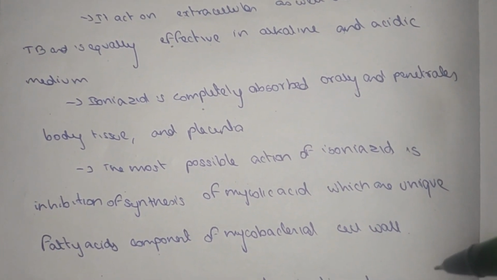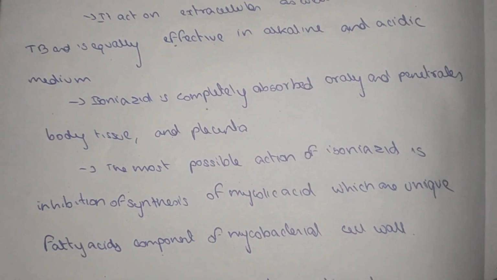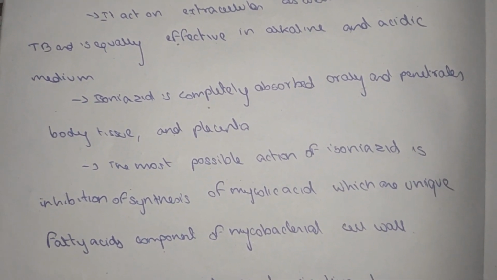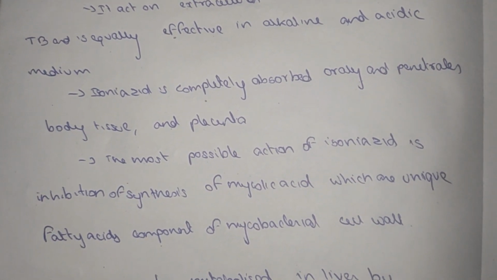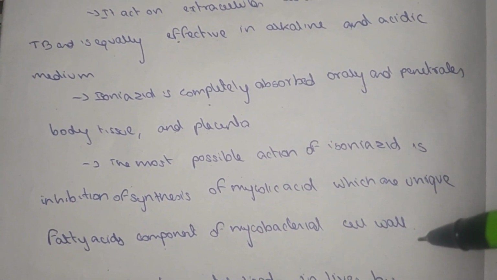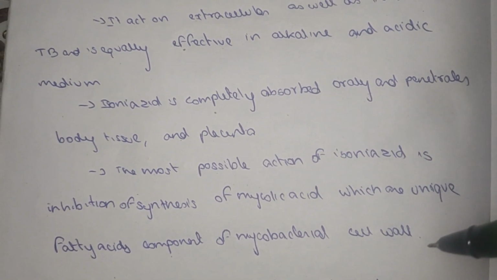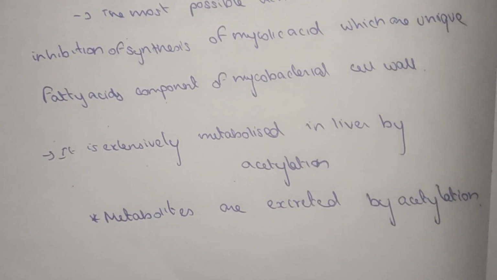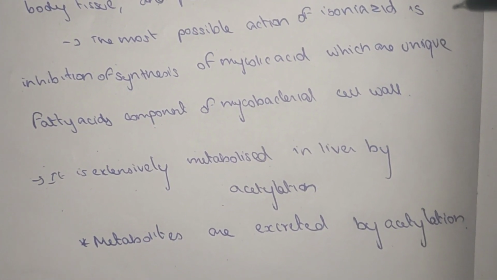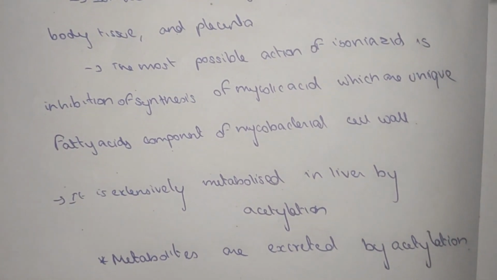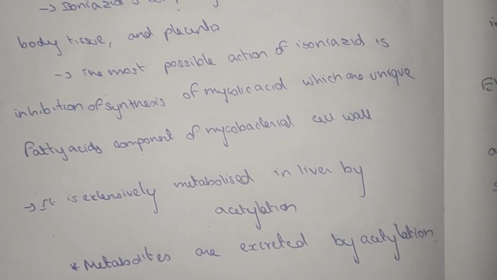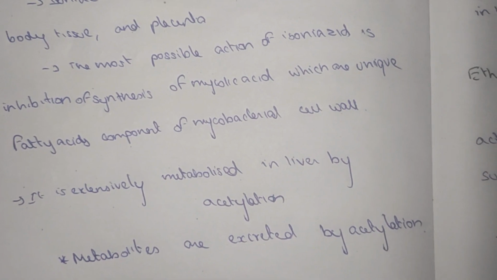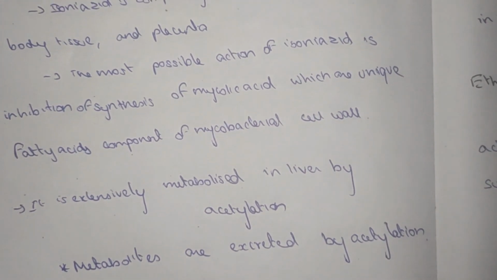Since its synthesis is inhibited by isoniazid, the cell wall doesn't get properly made for the bacteria. It is extensively metabolized in the liver by acetylation and excreted.